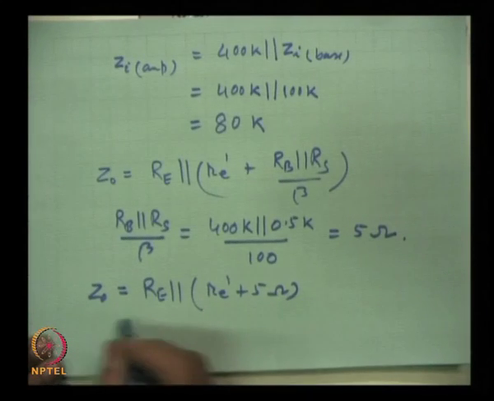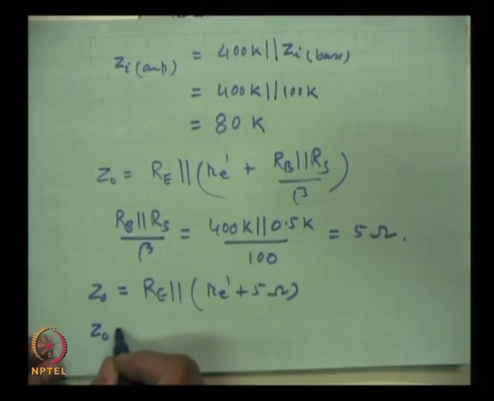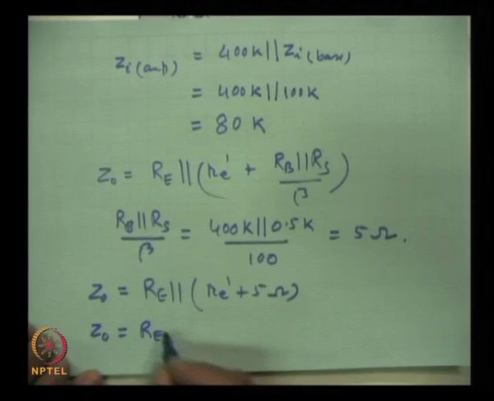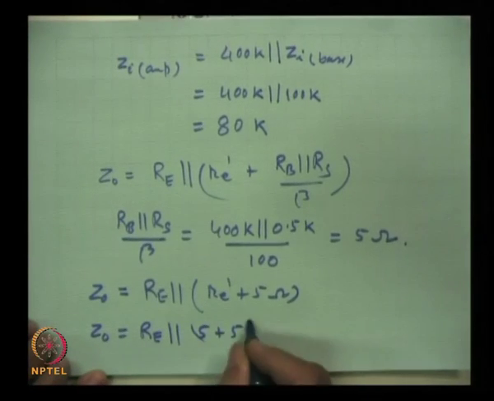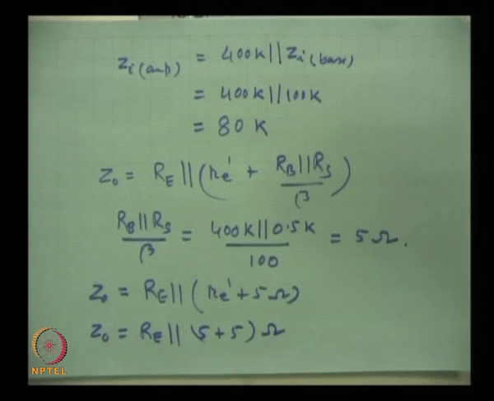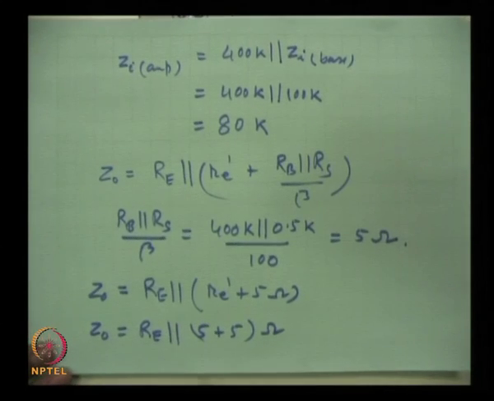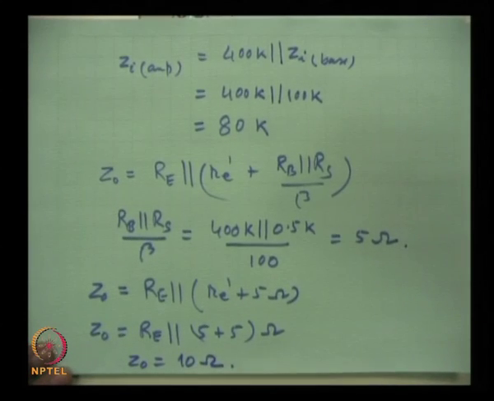Therefore, this is Re, this is in kilo ohms. So, the effective value will be only this much. Output impedance is 10 ohms.